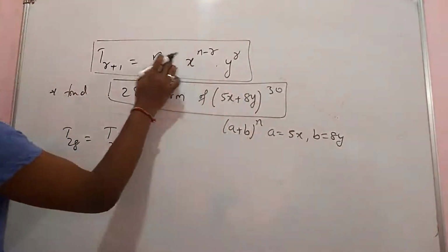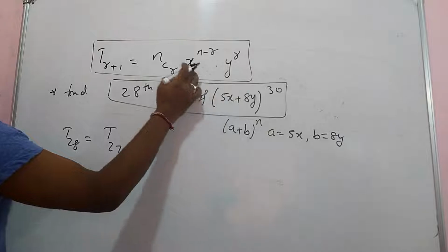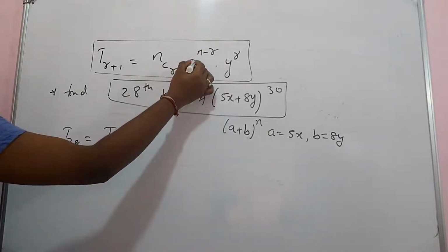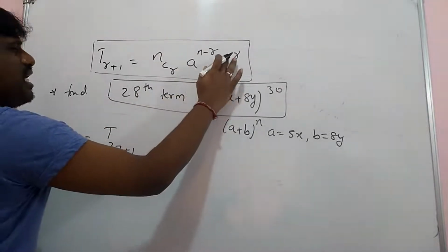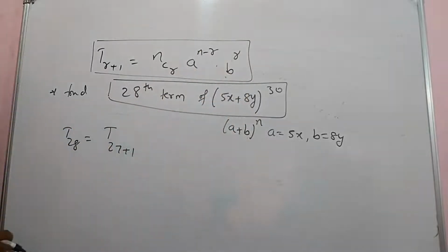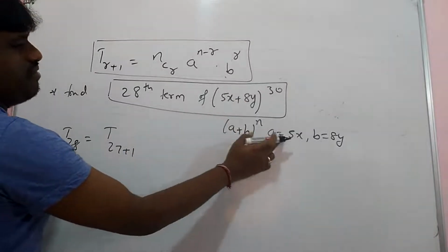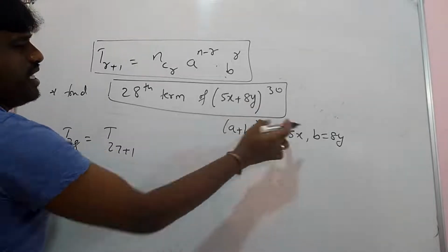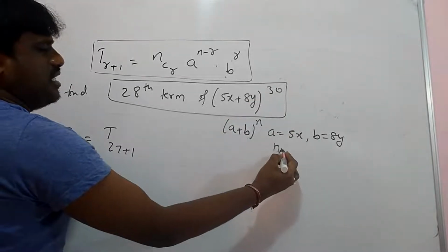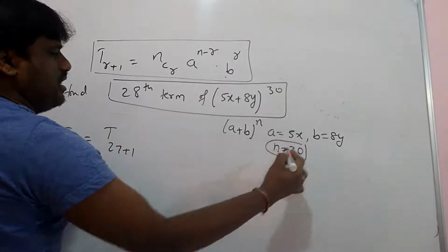The general term formula is T(r+1) is equal to nCr a raised to power n minus r into b to the power r. The value of n here is 30.